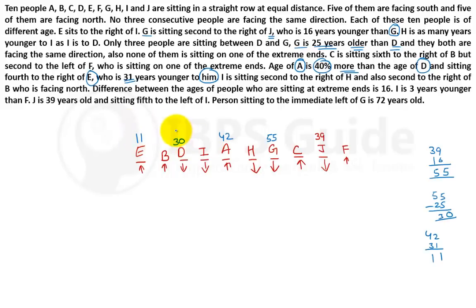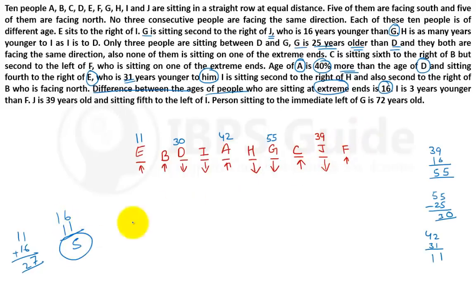Also, the difference between the ages of the people sitting at the extreme ends is 16 years. Now the difference means it could be 11 plus 16, which is F's age, or 11 minus 16, that is 5.